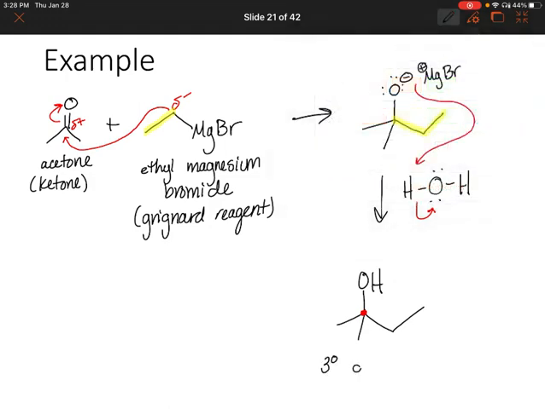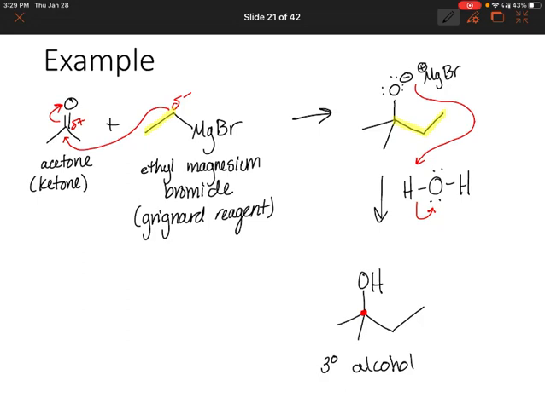Now, previously, we said that you can't make tertiary alcohols, but that was when we were using carboxylic acids and aldehydes and ketones and esters. Those 4 types of functional groups cannot be reduced to a tertiary alcohol. They can only form primary or secondary alcohols.